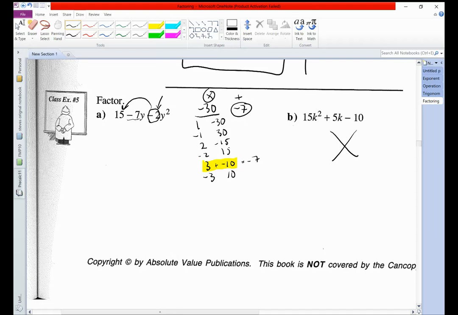So I can split that up. I have 15 minus 10y plus 3y. Ooh, maybe I should do it the other way. Actually, you know what? It doesn't even matter. The 3 probably goes better with the 15, and the 10 probably goes better with the 2, but if you get them backwards, that will work anyways. Minus 2y squared. So now we can group.